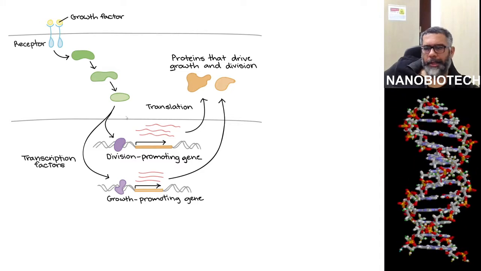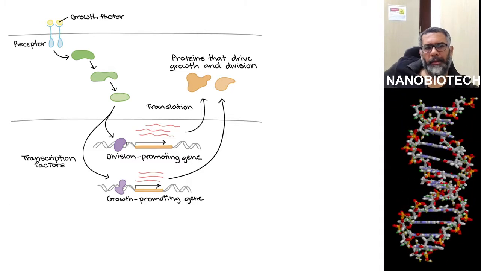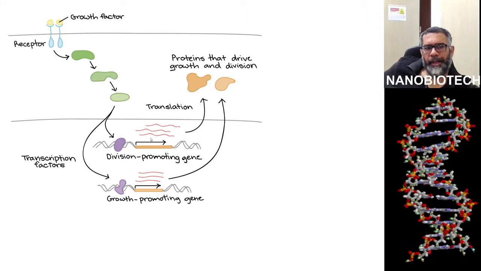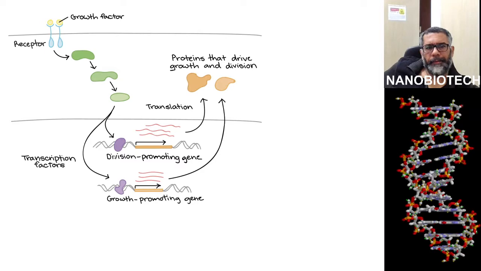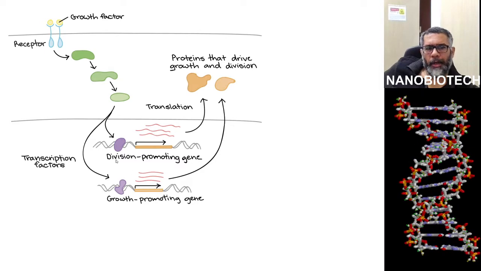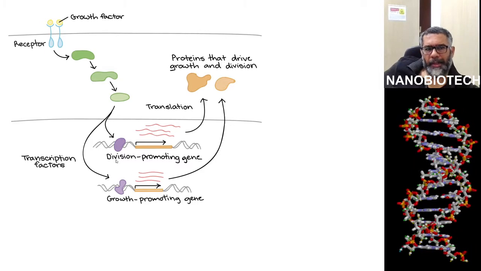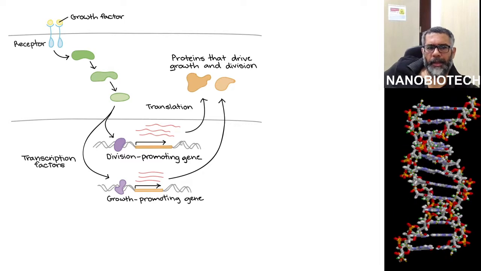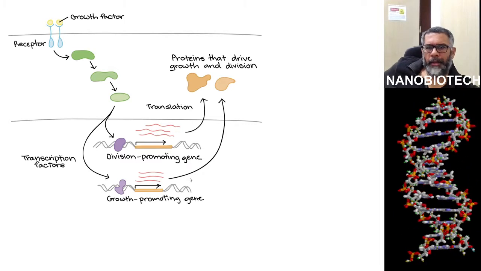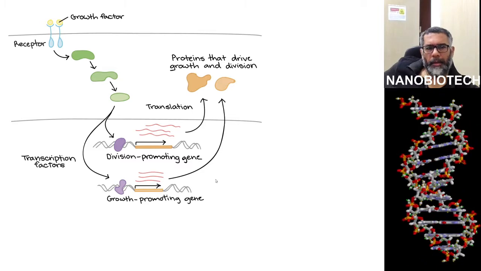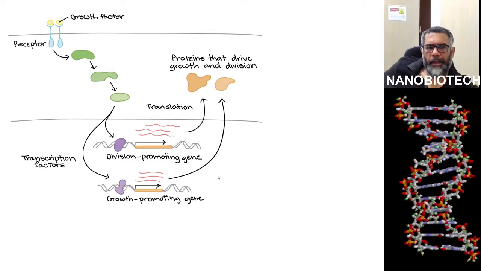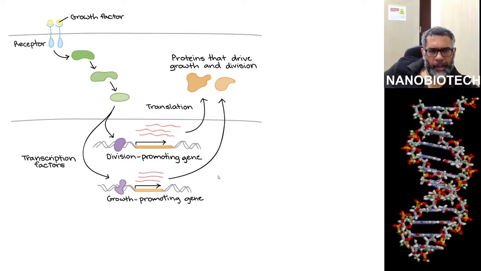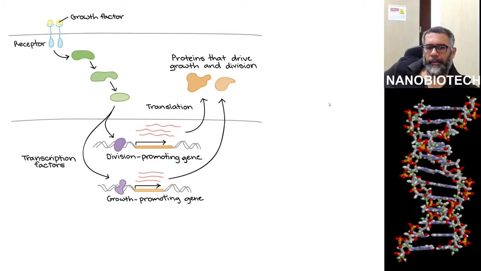The transcription factors bind to certain sequences of DNA in the nucleus and cause transcription of cell division related genes. The products of these genes are various types of proteins that make the cell divide, drive cell growth, or push the cell forward in the cell cycle.